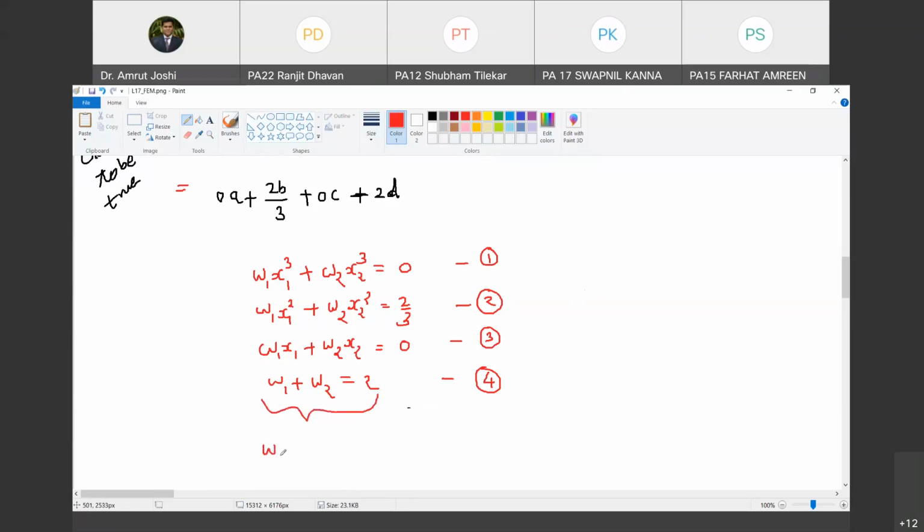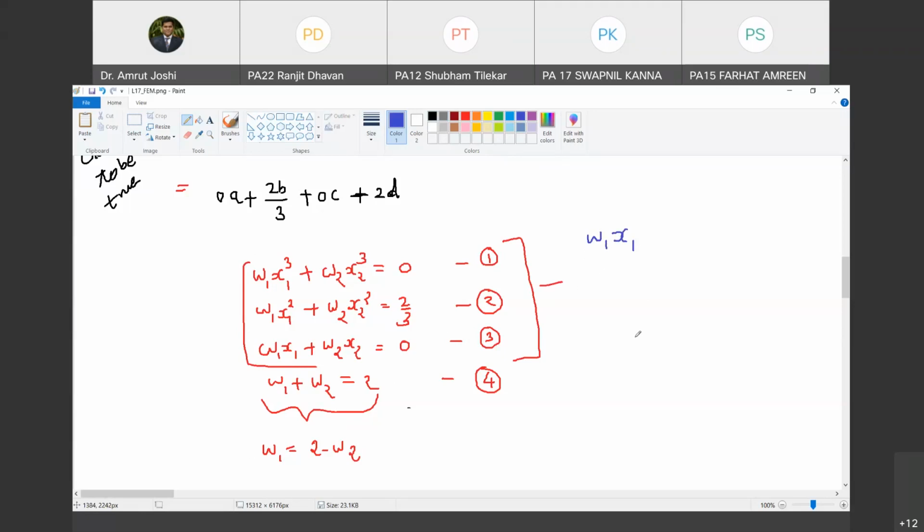So that gives me W1 equal to 2 minus W2. Do you agree with me? Yes. Okay. And let us now look at these 3 equations together. In these 3 equations, we are going to do a little mathematical manipulation. I will take W1 x1 as one unknown.